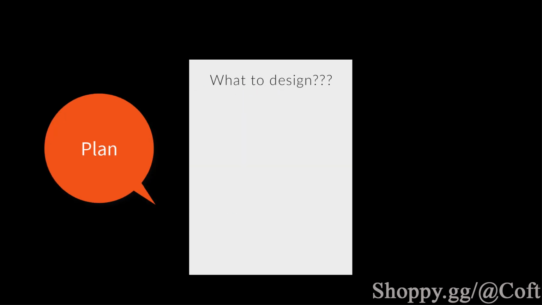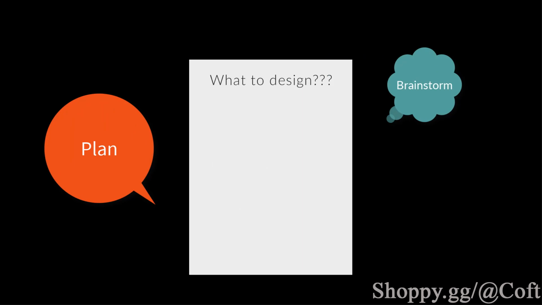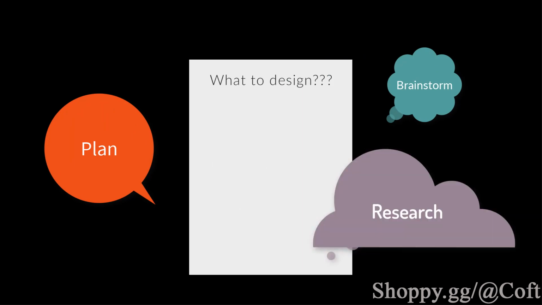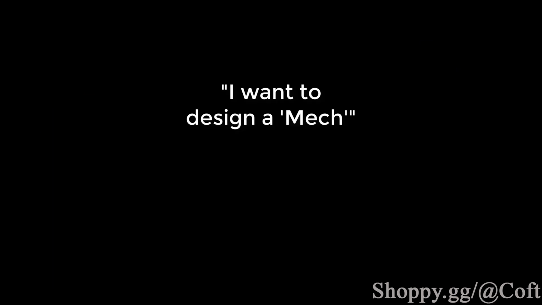As artists, all of us have gotten stuck on a blank page or canvas at one time or another. When you start any creative prompt or assignment, it's usually best to plan ahead, brainstorm ideas, and do research accordingly to get things going. For this demonstration, I've decided to design a mech of some sort.